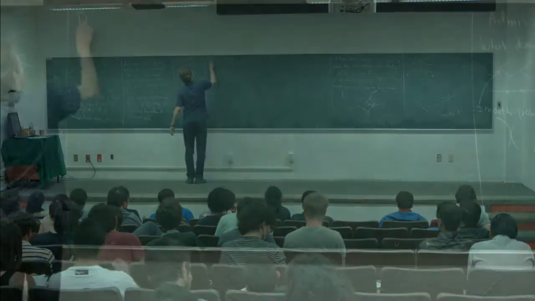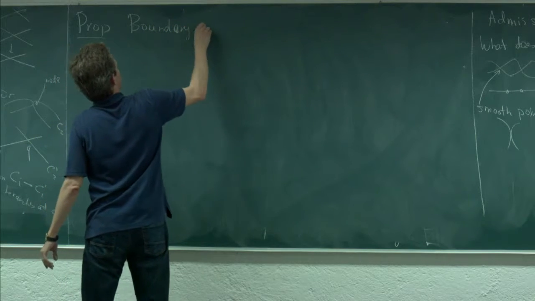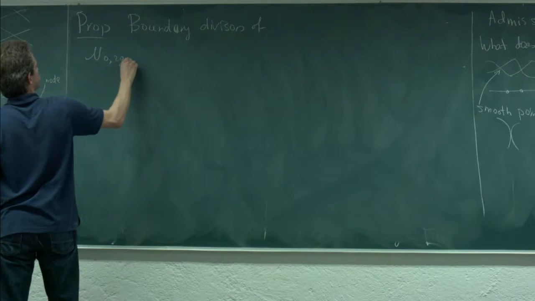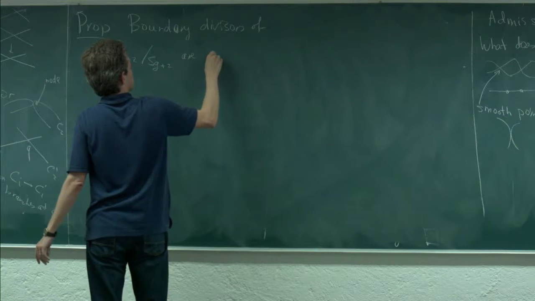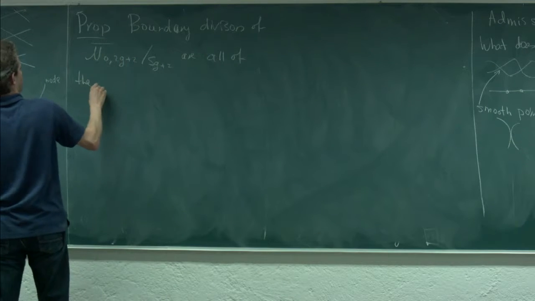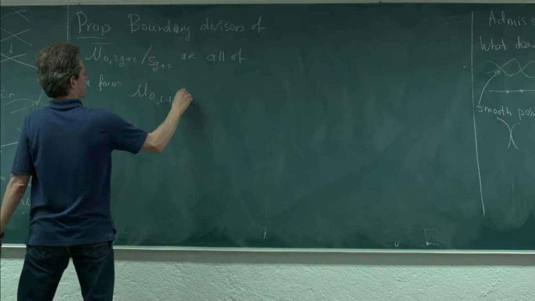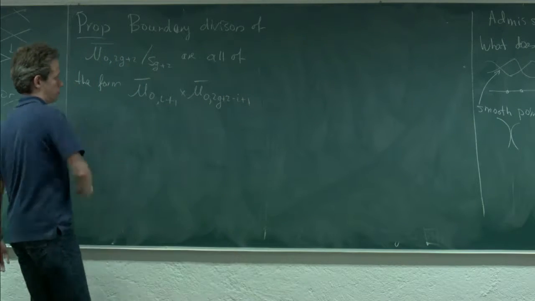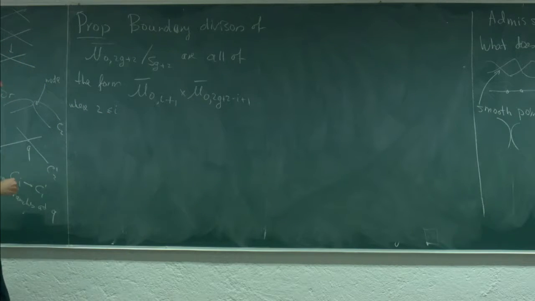So proposition, boundary divisors of M0,2g+2 over S_{2g+2} are all of the form M0,i+1 times M0,2g+2-i+1, where i must be at least 2 points go away, and at most, whatever.